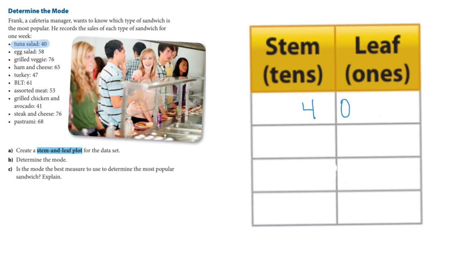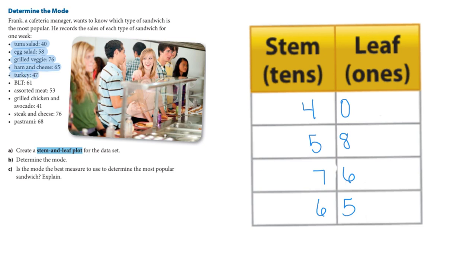Then we can look at egg salad, which is 58. So 5 would go in the stems column, 8 would go in the leaf column. The next one would be grilled veggie, which is 76, so 7 and 6. Then ham and cheese, which is 65, so we would do 6 and 5.